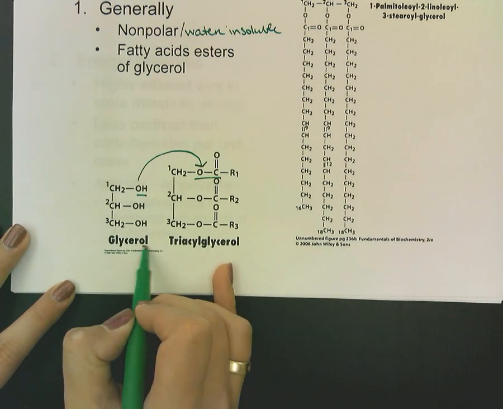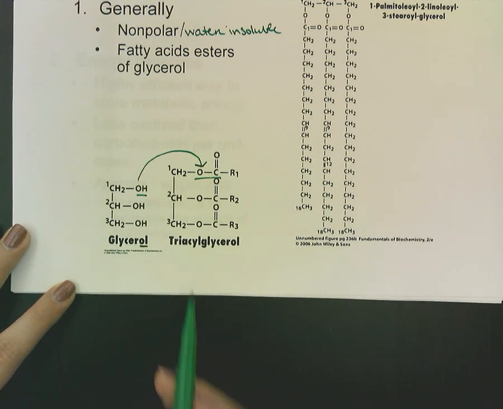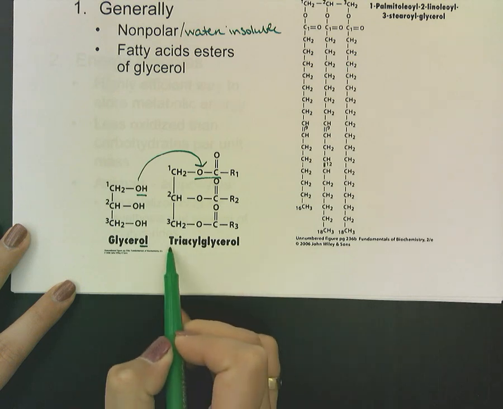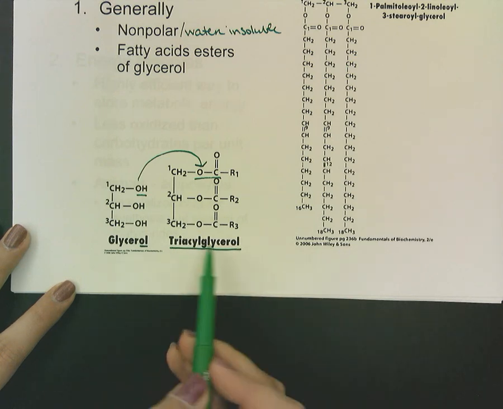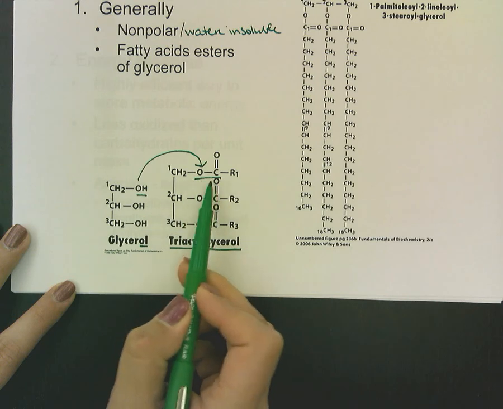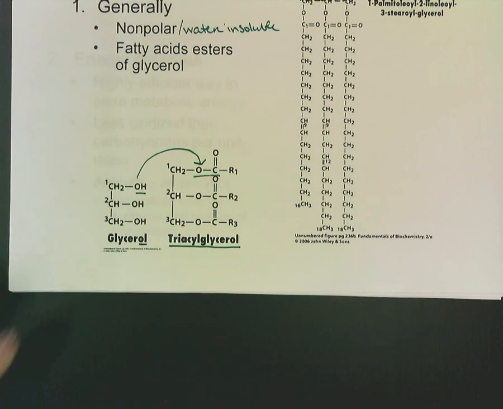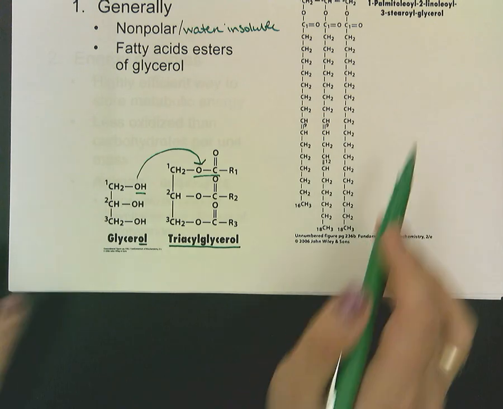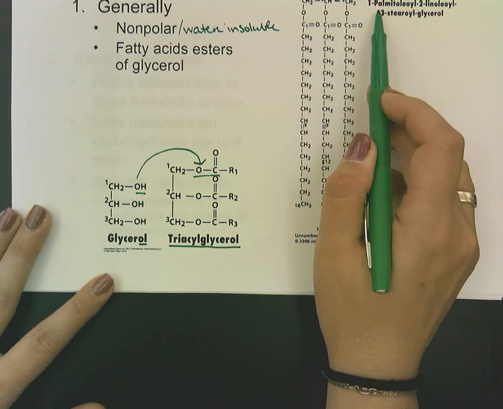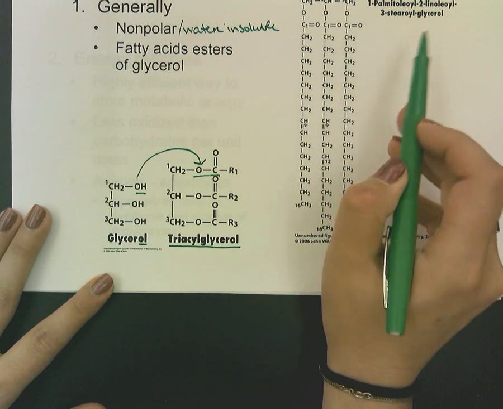So glycerol is now converted to a triacylglycerol, saying that glycerol is still the base molecule, but now I have an ester. So here is an example. It is 3 fatty acids.